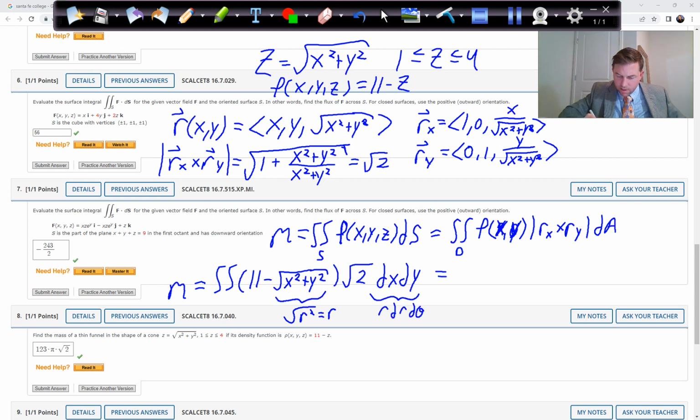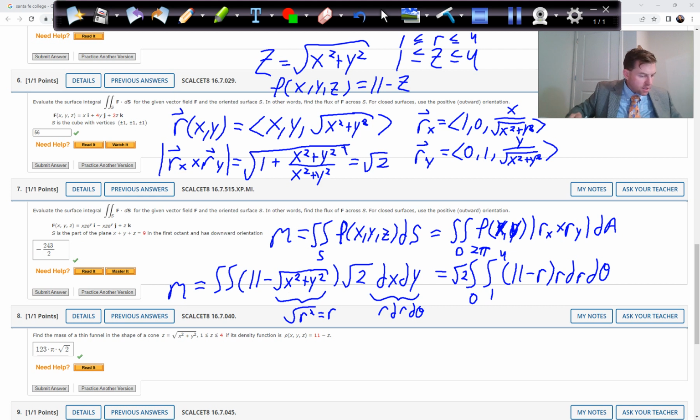So we're going to get 11 minus r times, let me pull the square root of 2 all the way out in front, times r dr d theta. And z is r again, so r is sandwiched between 1 and 4. So we're going from 1 to 4, and theta is again going to go from 0 to 2 pi.